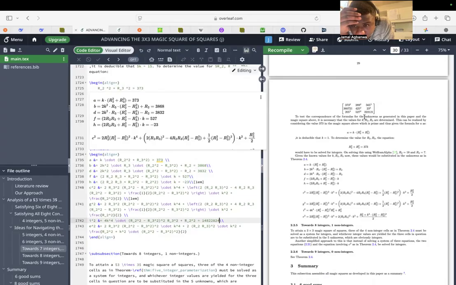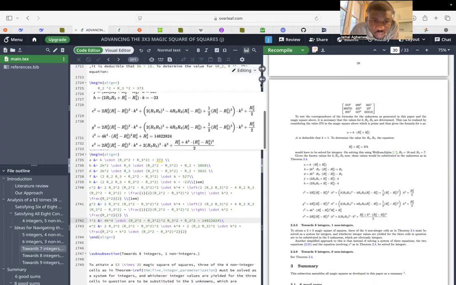Wow. So now we have another one. This formula for I resembles nothing like this.